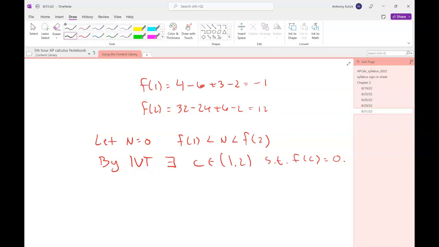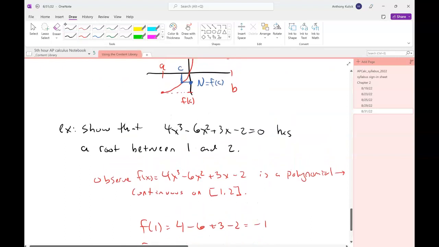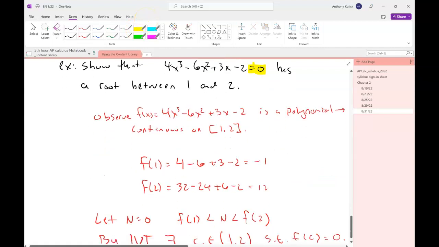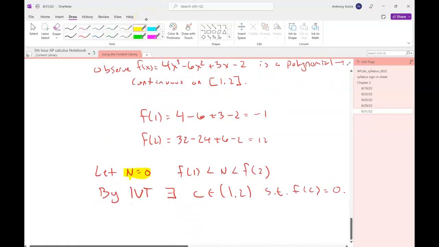Mia? Do you put a 0 because... Yeah, that's what a root means, right? It's a solution to this equation equal to 0. So that's why I chose n to equal 0, because that was the output that we were looking for. Exactly right. You guys feel okay?